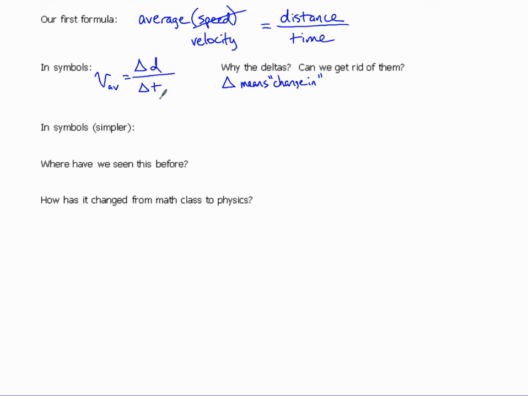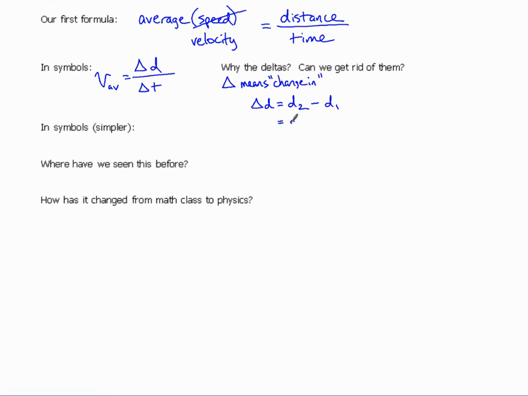Can we get rid of the deltas? Here's what we're looking at. Looking at delta D, what we have is D2 minus D1.